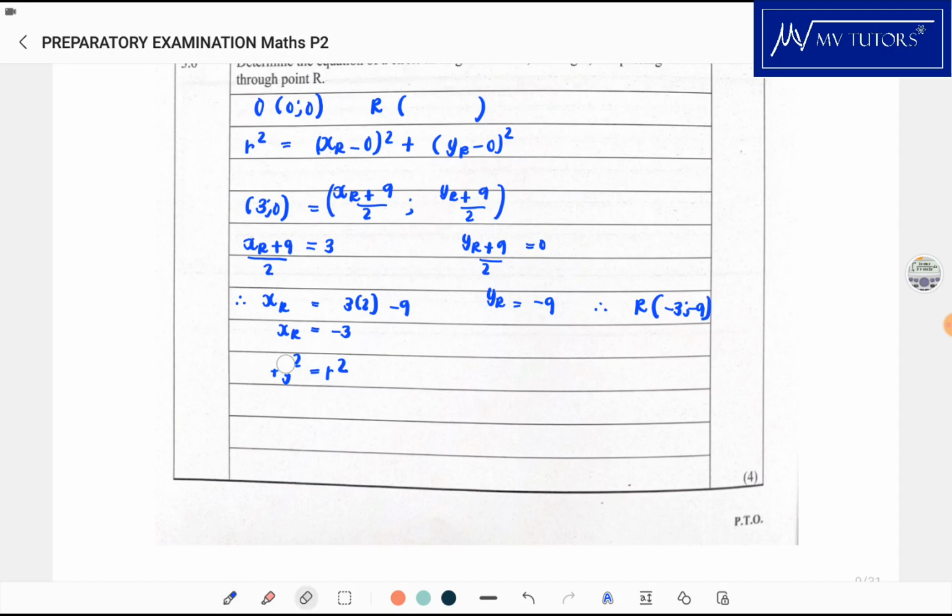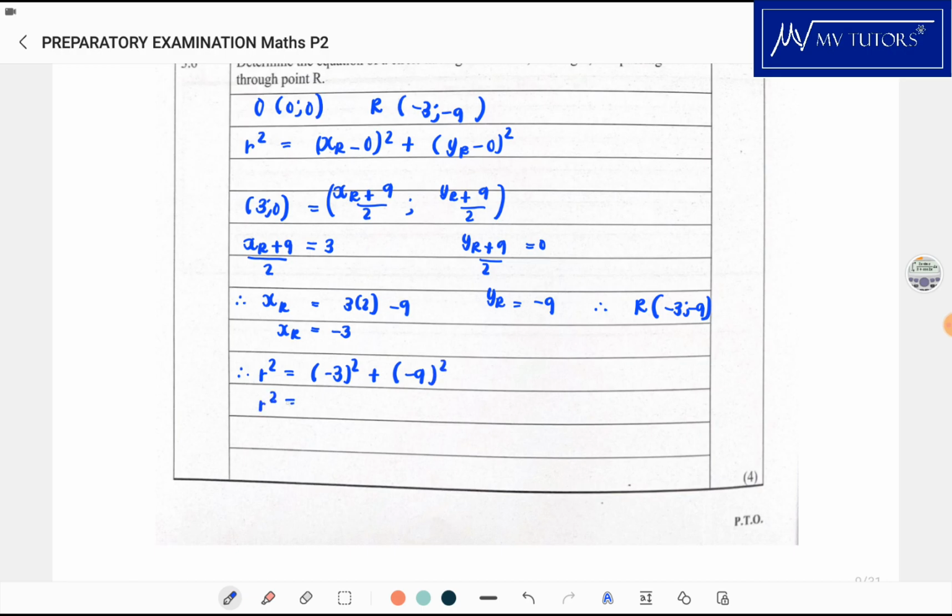So I'm just going to remove this. Therefore, the radius squared is equal to the x-coordinate of R minus 0, let me just put it there, we have negative 3, negative 9. So basically we have minus 3 minus 0, squared, and then minus 9 minus 0, squared.